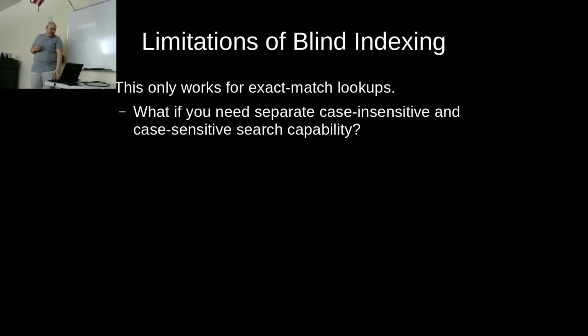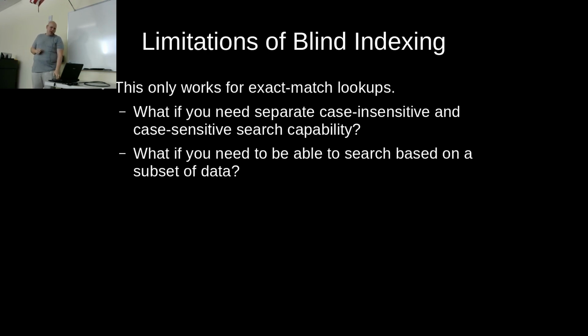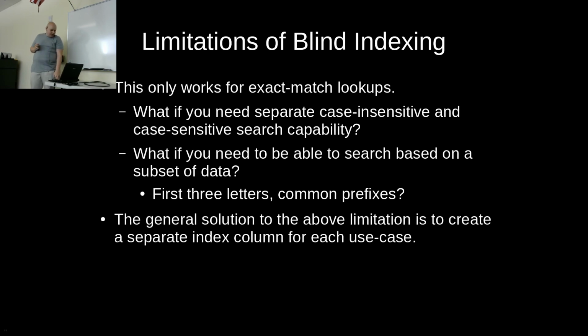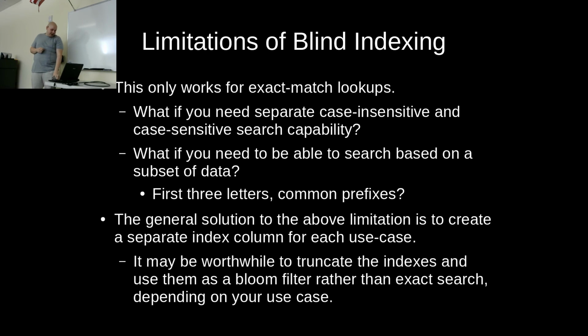So what if you need to separate case-insensitive and case-sensitive searches, for example, for a person's name, if you're encrypting everything? What if you need to be able to search on a subset of the data? Like, do the first 3 letters of your name match? The general solution would be to make a separate index for each use case, which might sound very expensive, but there's something else you can do.